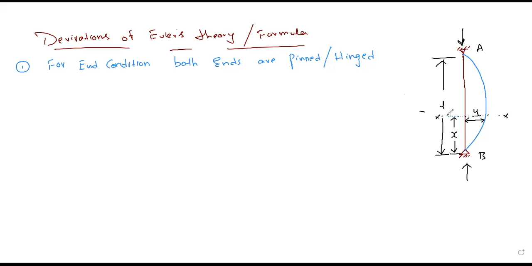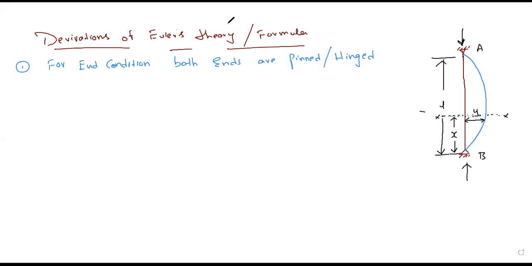Understand? At a section xx, from the point B, the distance to the section is x. At that distance, the deflection is y. And the total length of the member is L. Okay, this is the first end condition.